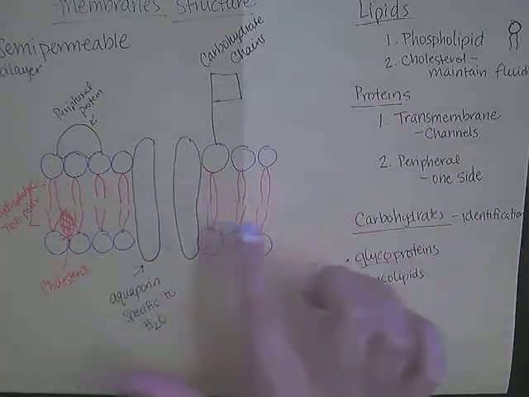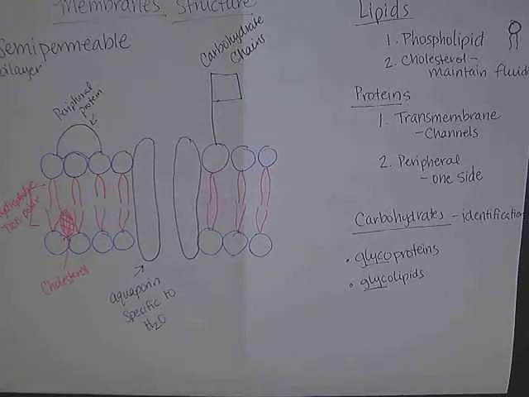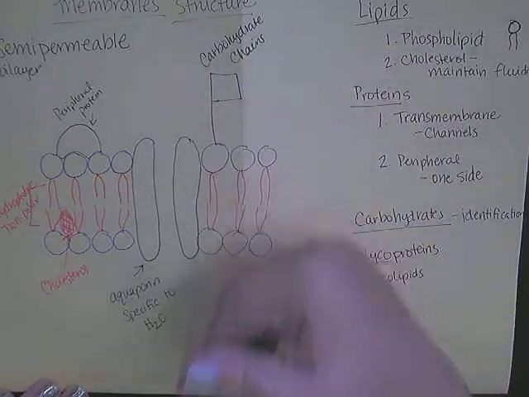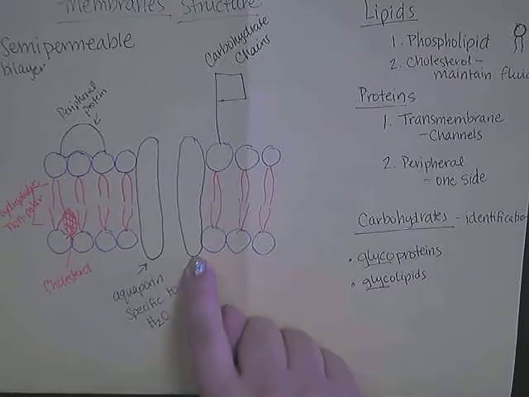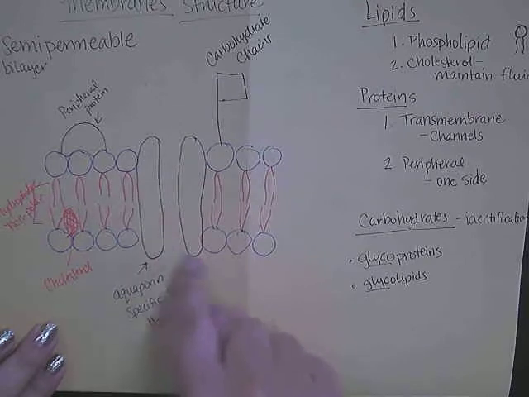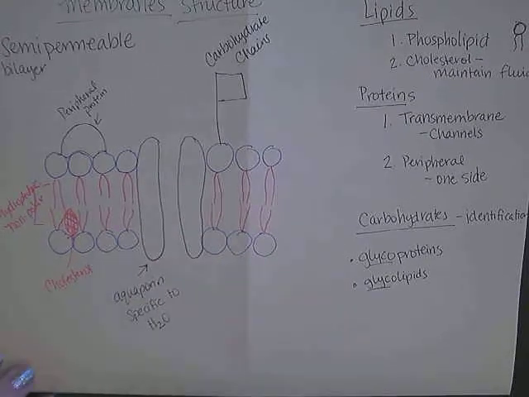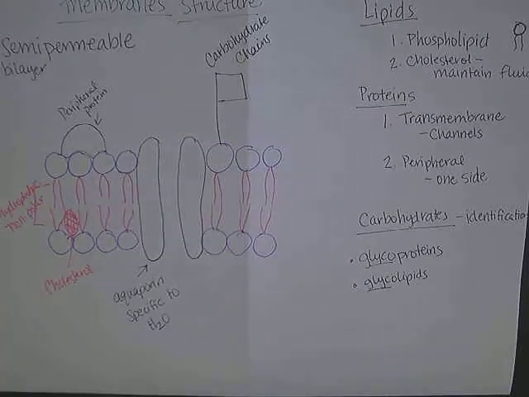The phospholipid tails, being hydrophobic or nonpolar, are going to control what substances can come in and out of the cell, and substances that are nonpolar, such as oxygen and carbon dioxide, would be able to diffuse down their concentration gradient into the cell, whereas polar substances such as water, cations, anions would need a specialized channel. They would need to be facilitated with these transmembrane protein channels, to allow them to move down their concentration gradient in the absence of energy.